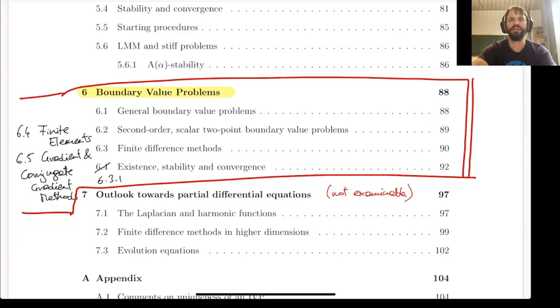Has anybody had a look already? Klausurplan.